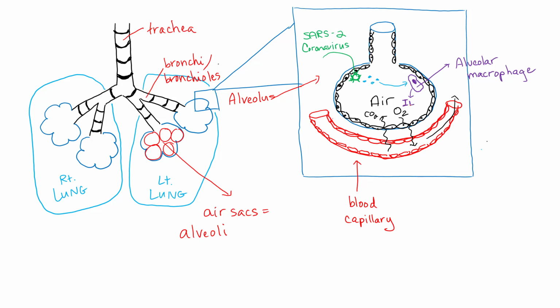What they're noticing is that the alveolar macrophages, in response to the viral infection, are sending out a very powerful cytokine signal called interleukin 6. Interleukin 6 is going to send a message to other leukocytes like neutrophils and natural killer cells.